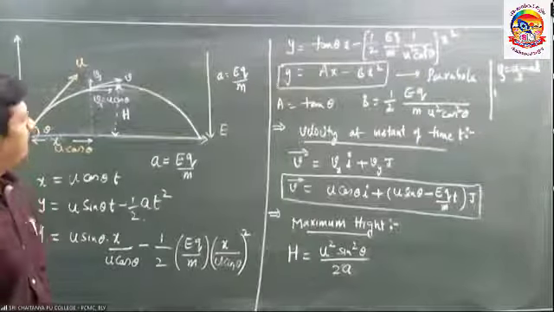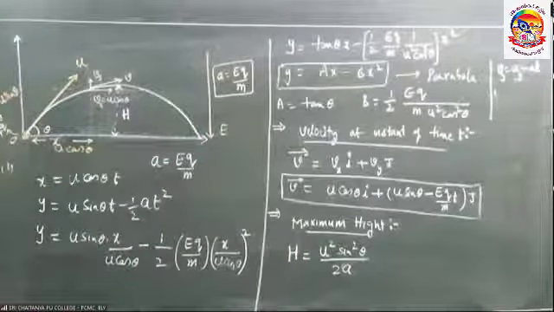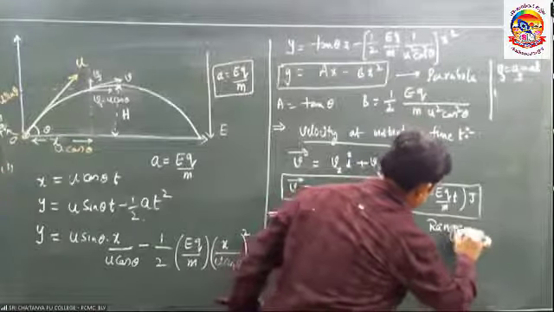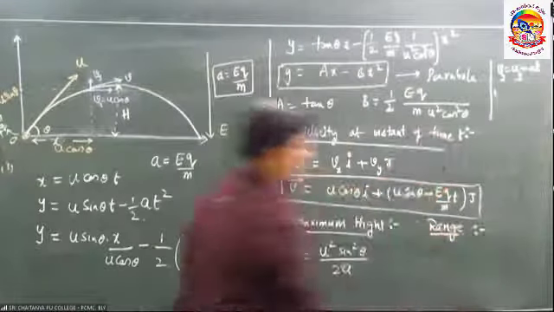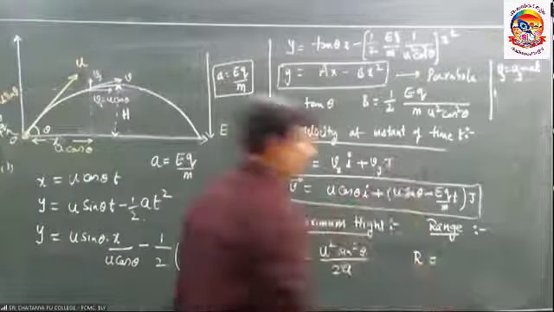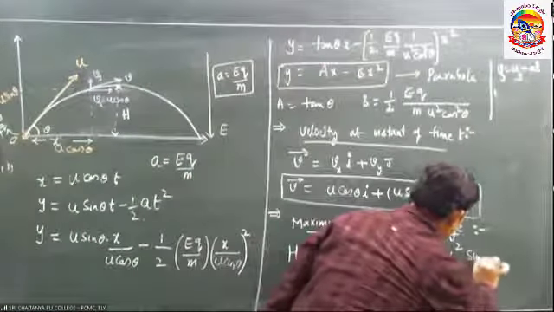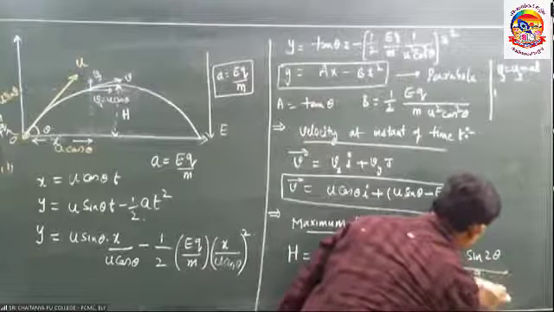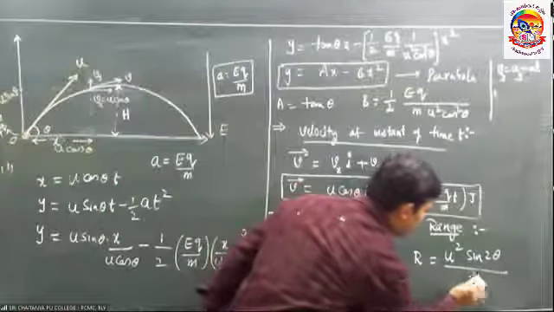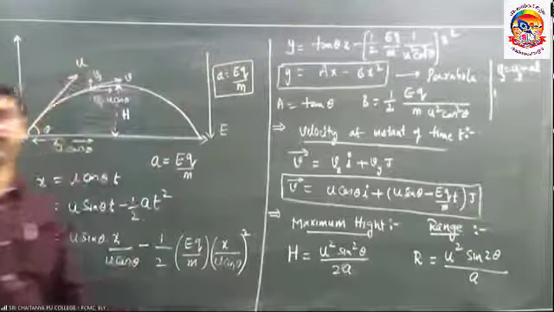What is a? eq by m, right? What is range? Just recall that formula: range R is equal to u square sin 2 theta by g in a gravitational field. In an electric field, in place of g, take a, where a is eq by m.